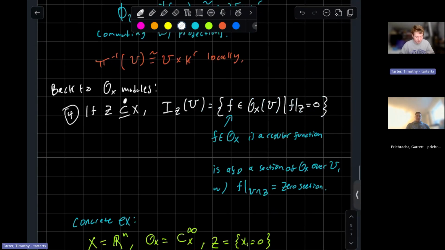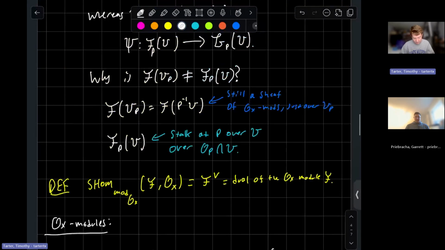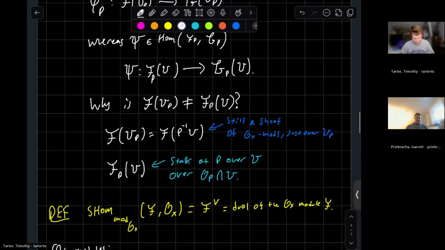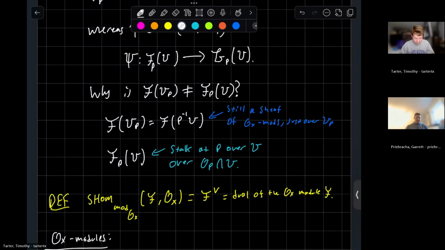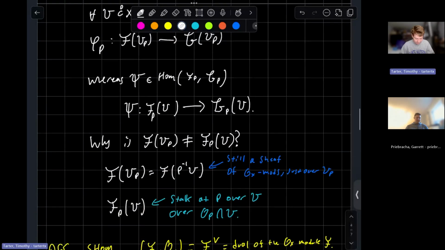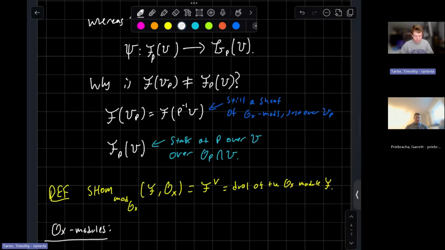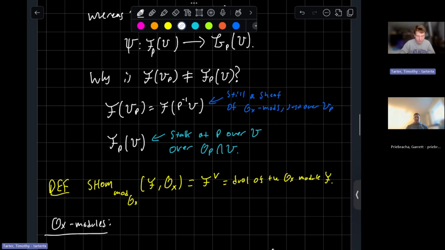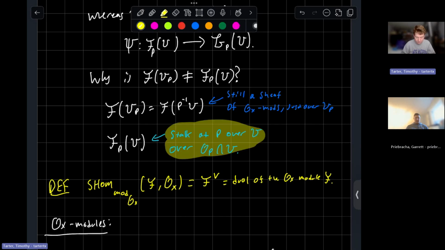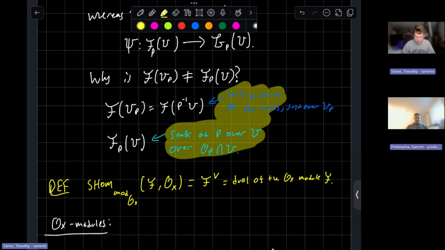It's a local ring. That's what it is. So F of p inverse U is still a sheaf of OX modules just over U localized to p. And so actually what I wrote here is entirely correct, surprisingly.